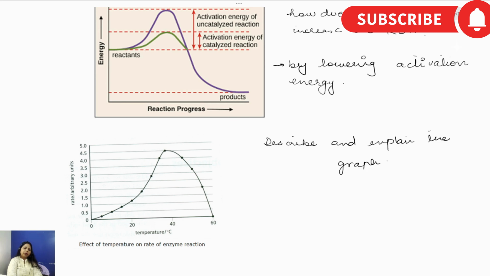Let's say it's 4.5 AU. Yes, 4.5 AU. And what will happen then? 0. Yes. Now, I'm going to explain and describe the graph. You need to note down the points which you haven't mentioned. At 0 degrees Celsius, the rate of enzyme activity is 0.